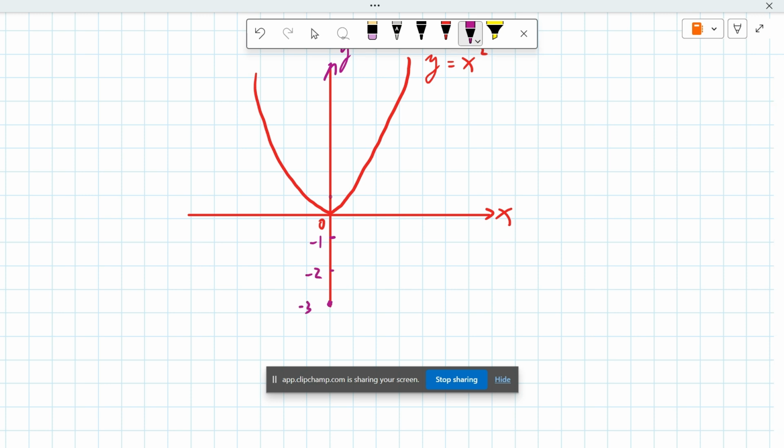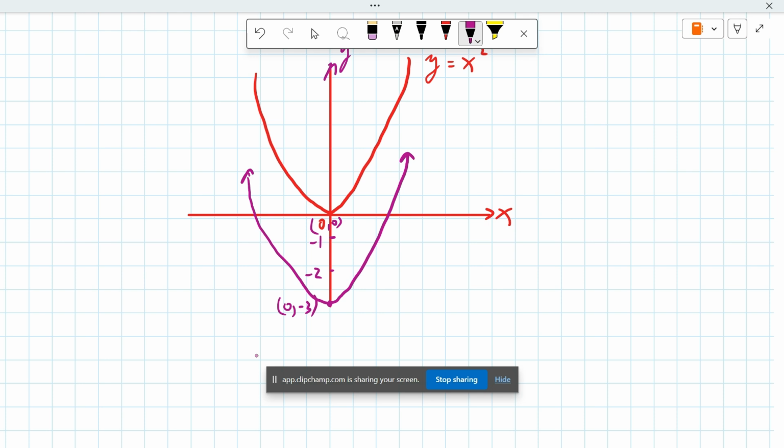So your turning point goes from 0, 0 to 0, -3. The graph looks exactly the same, symmetric about the y-axis, and it just moved down by 3 units, and the turning point becomes 0, -3.